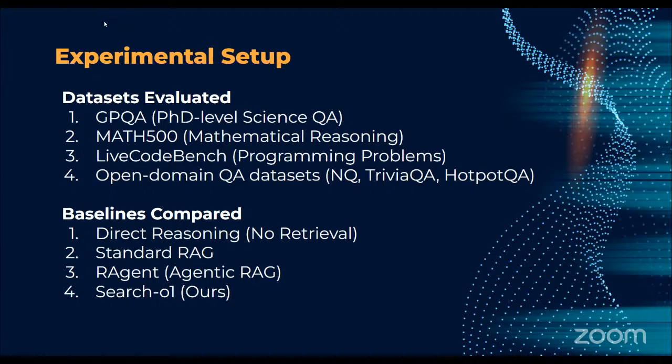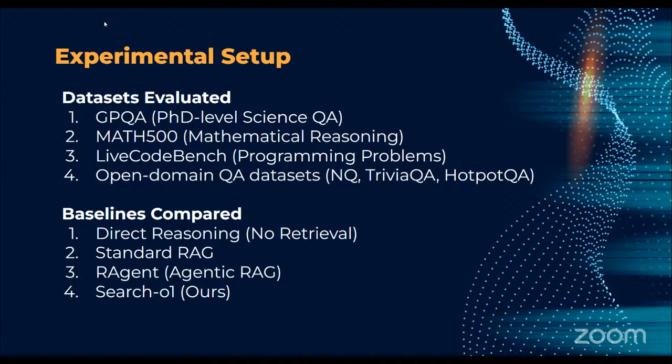The second dataset is the Math 500, an advanced math reasoning dataset. We also have the LiveCodeBench, which provides us with programming challenges. And finally, we use the open domain Q&A, which has general knowledge tasks.